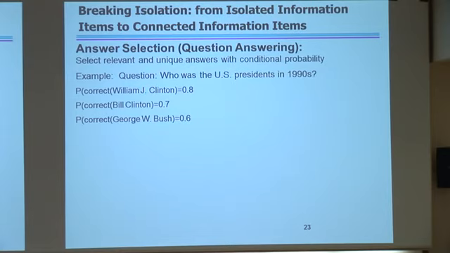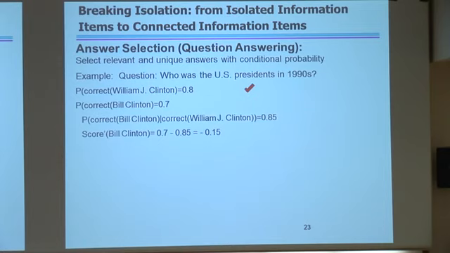What we can do with the joint model is, we will select the first one, because at this time we do not have any duplicated answers. But for the second one, we will be able to calculate a new score of this answer. The first part of this new score represents the marginal probability of relevance.